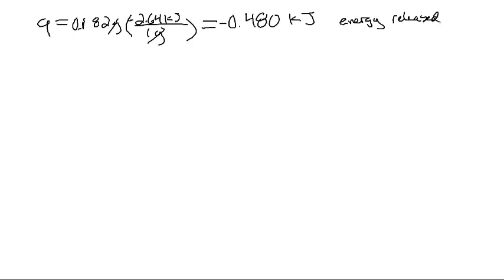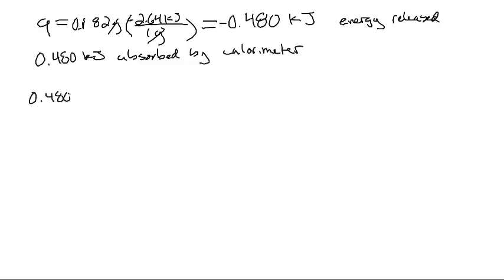So you flip the sign: 0.480 kilojoules absorbed by the calorimeter. See how my sign flipped? It was negative when it was released. The reaction released the energy, the calorimeter absorbed it.